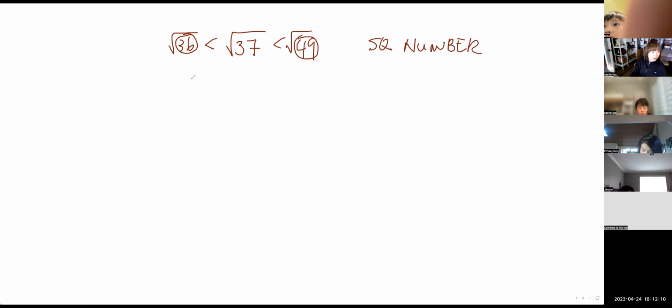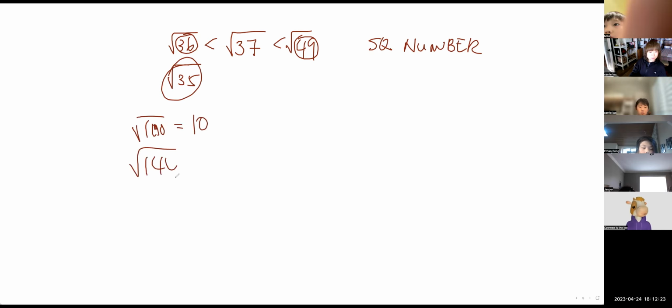Correct? If Oliver, you put a number here at 35, are you going to get a whole number out of it? No, right? And everybody, you know that square root 100 equals 10, square root 144 equals 12, and even somebody can memorize it, square root 225 equals 15. It's really good.